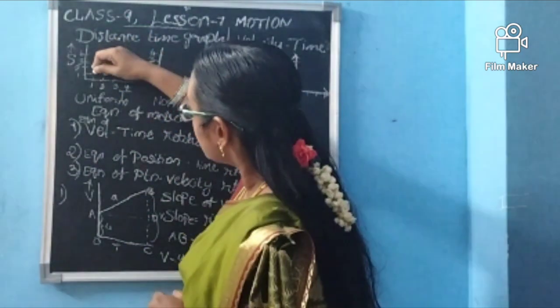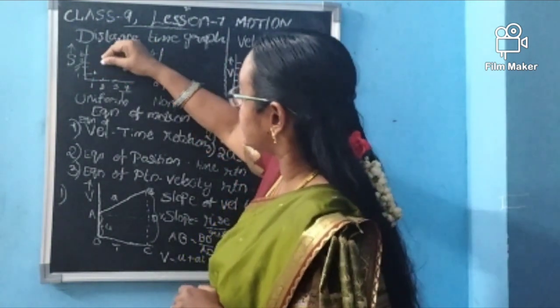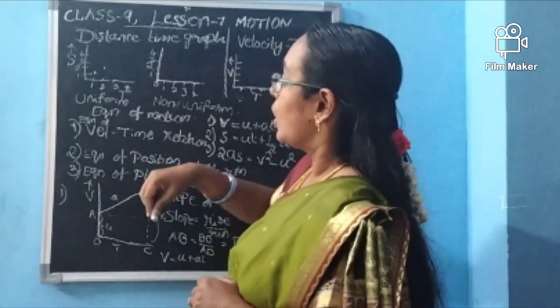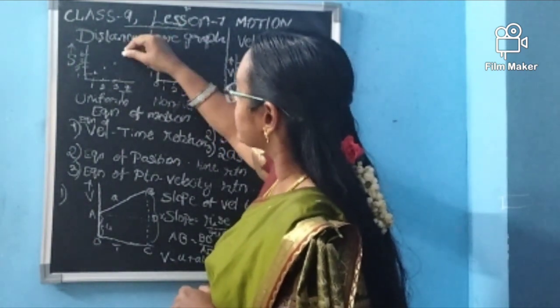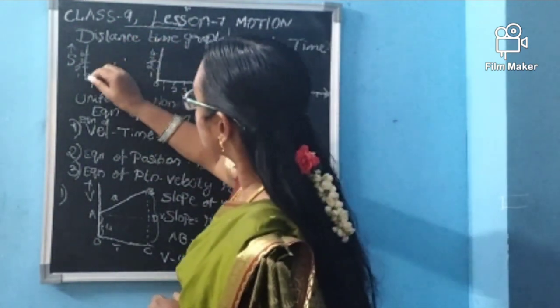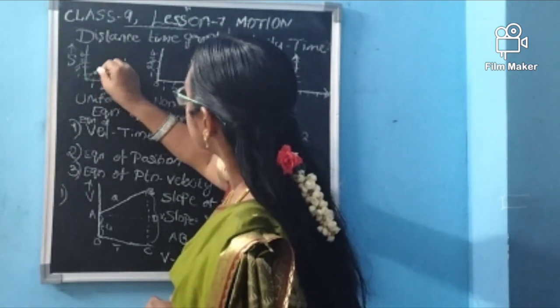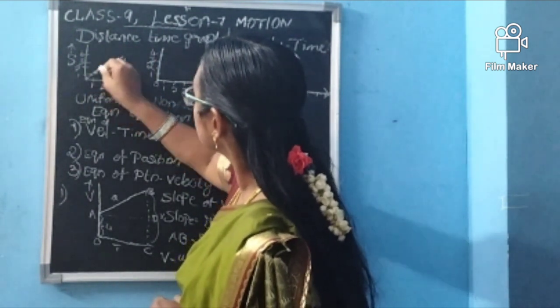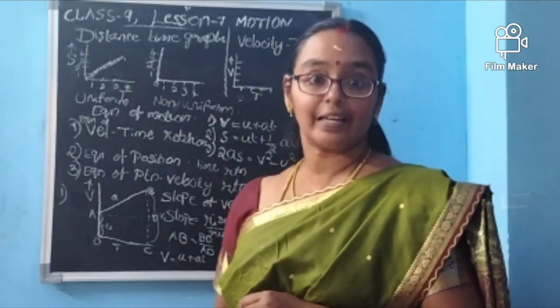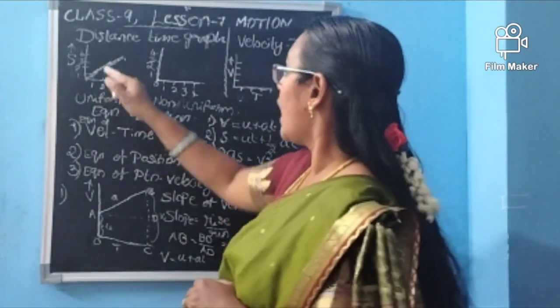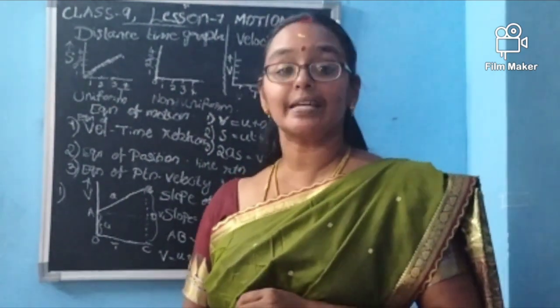At 2 seconds, it has reached this position. At 3 seconds, this position, and at 4 seconds, this position. So when we join them, it will be like this. What? A straight line, going upward.